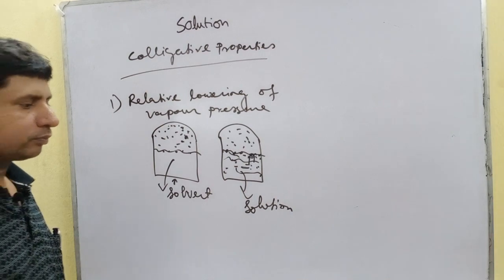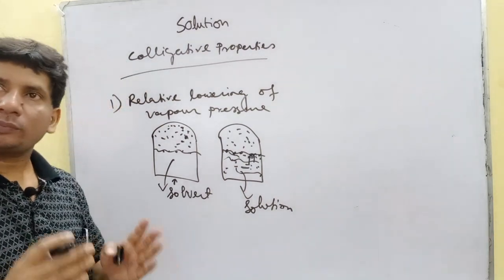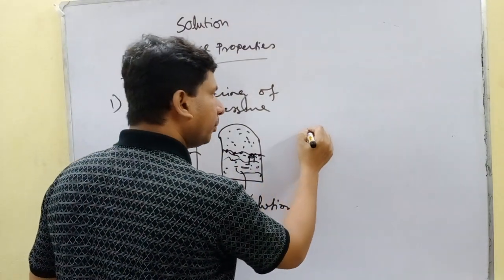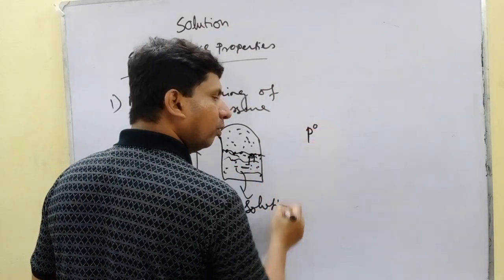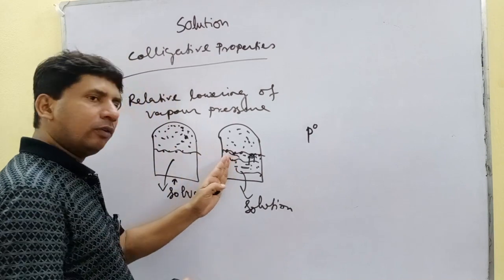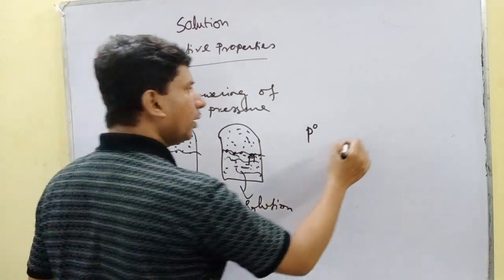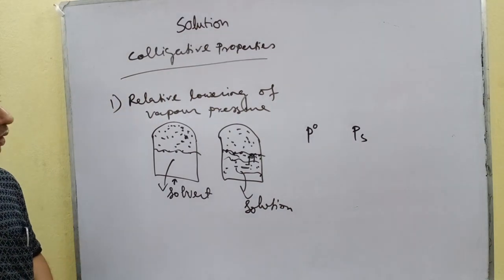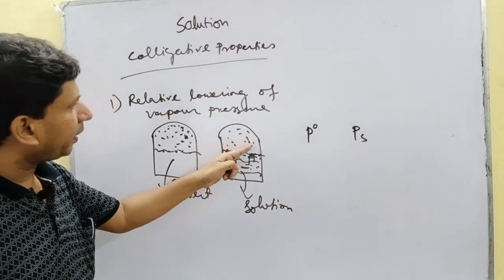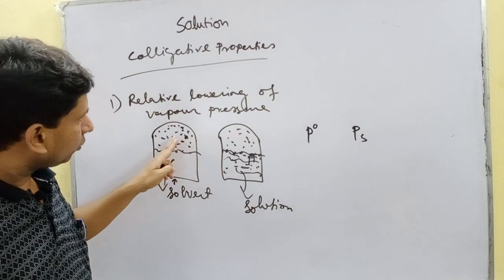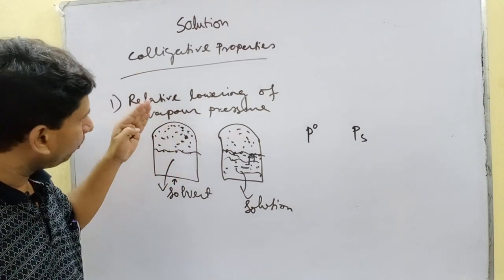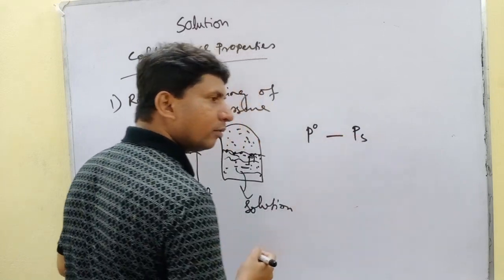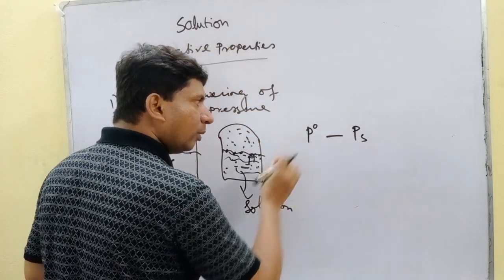Now, let the vapor pressure of pure solvent be P0 and the vapor pressure of the solution be PS. Since the number of vapor particles in pure solvent is higher, P0 is always greater than PS, so P0 minus PS will be positive.